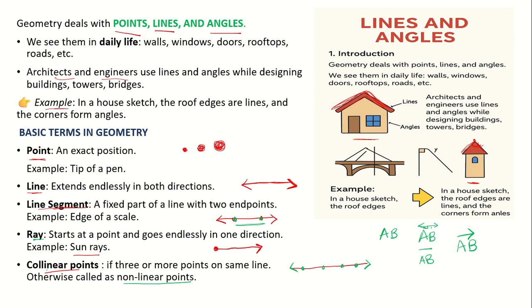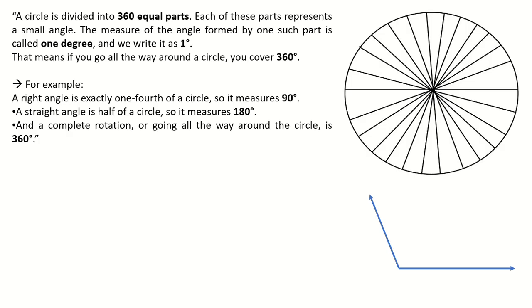now let's see what angles are. We have seen points and lines, right? Now let's see about angles. As you can see here, look at this circle. This circle is divided into some equal parts.